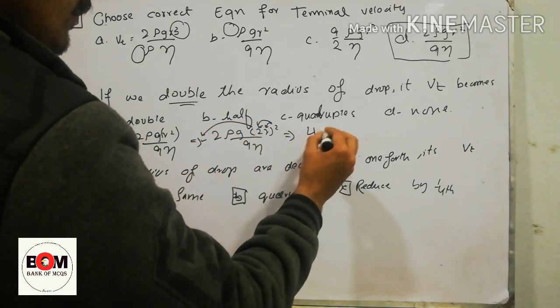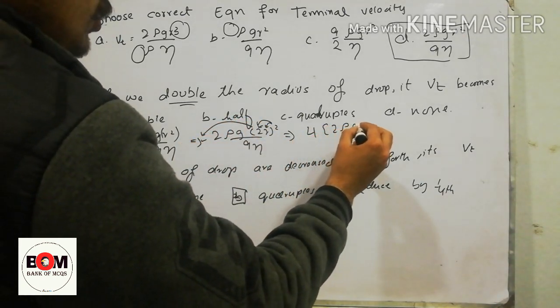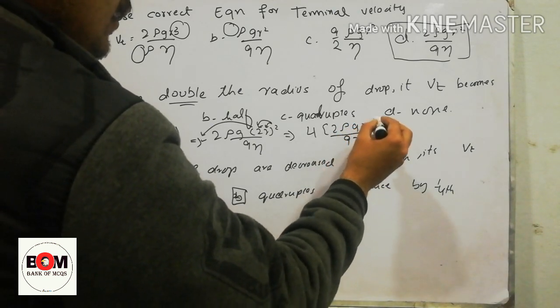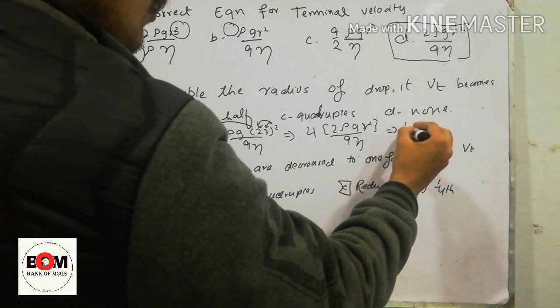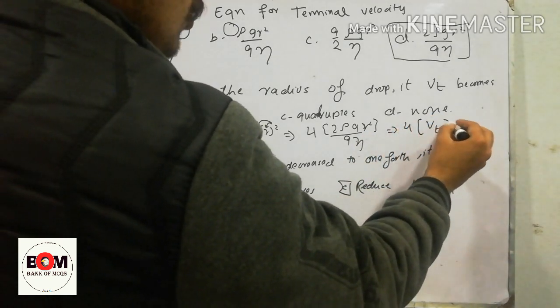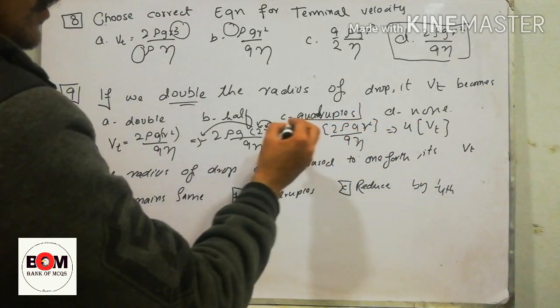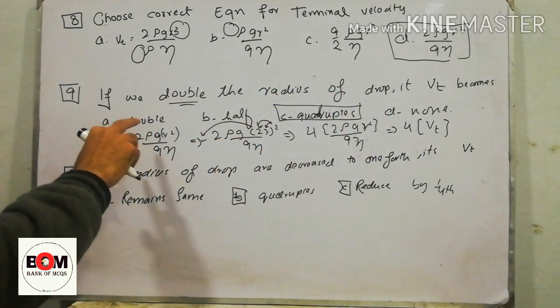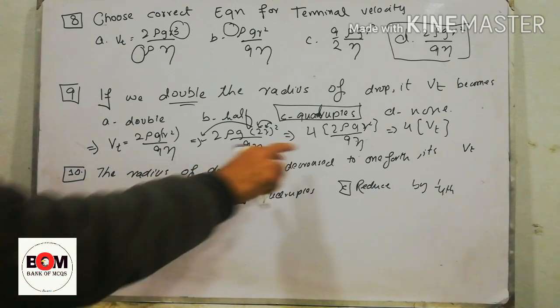So 4 times 2ρgr² divided by 9η. This is our Vt. So 4 Vt. So option C is correct. If we double the radius of the drop, its Vt becomes 4 times.